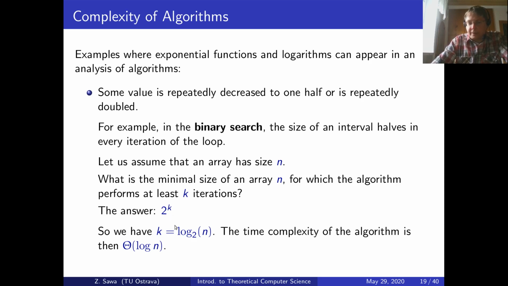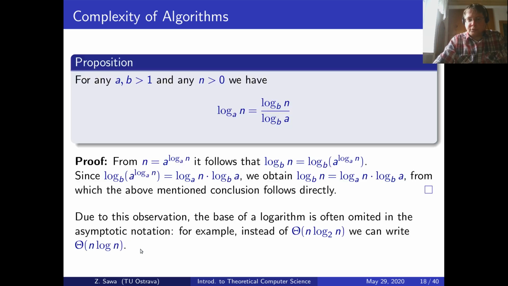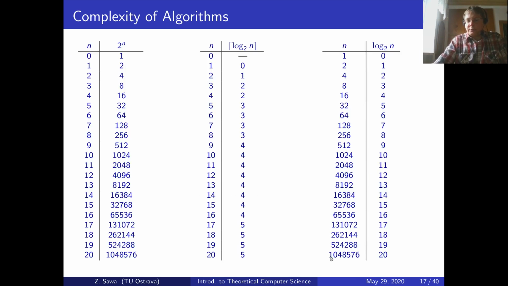So if n is approximately 2 to the k, and we take logarithms of both sides, we obtain that k is approximately the logarithm of n. So the time complexity of this algorithm is theta of log n. It is logarithmic. So for quite big values of n, an array with 1 million elements, it will take just about 20 iterations.